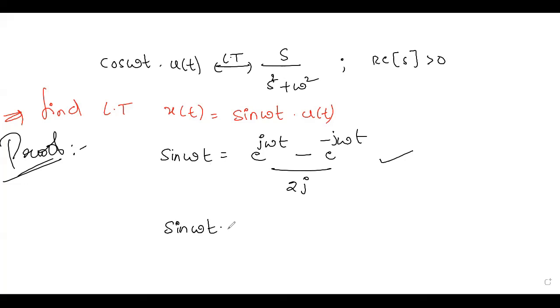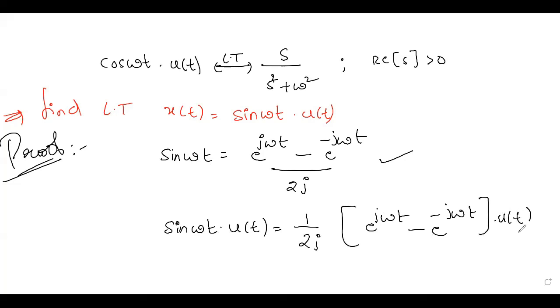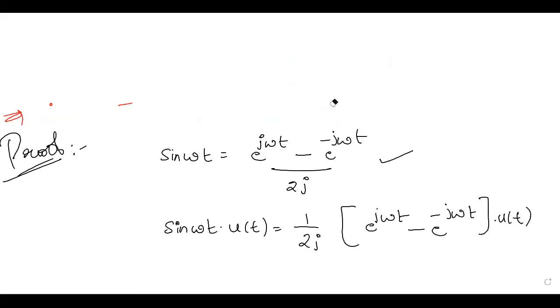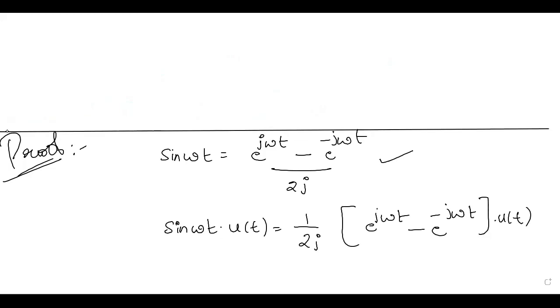Sine omega t into u of t is there in the problem. 1 by 2j into e power j omega t minus e power minus j omega t into u of t. Try to solve this. Laplace transform of sine omega t into u of t. 1 by 2j is constant.